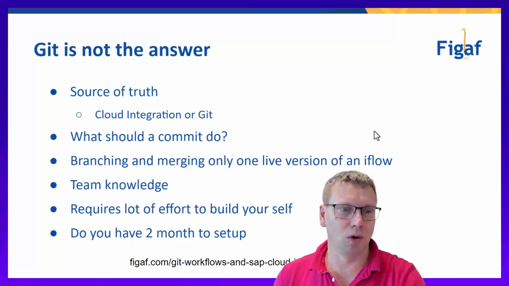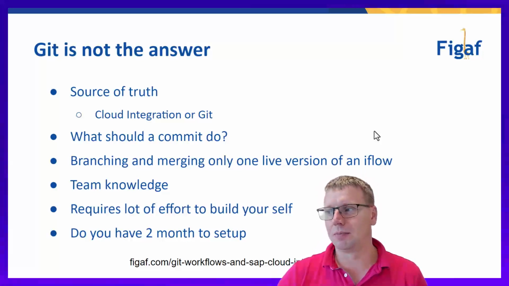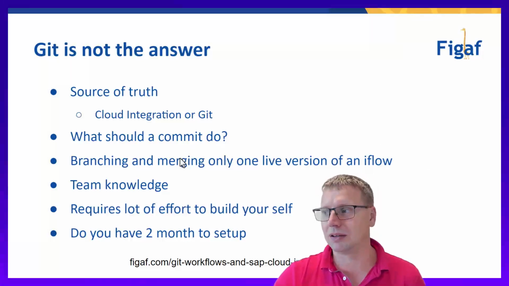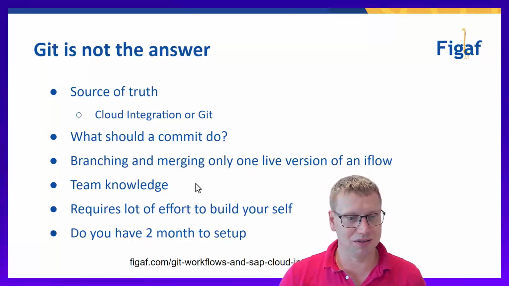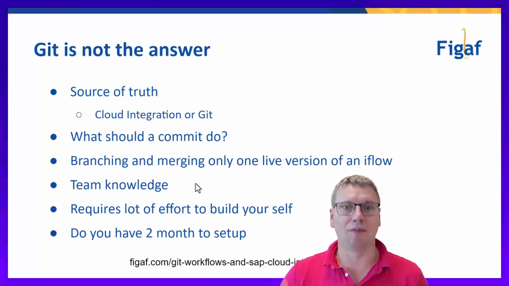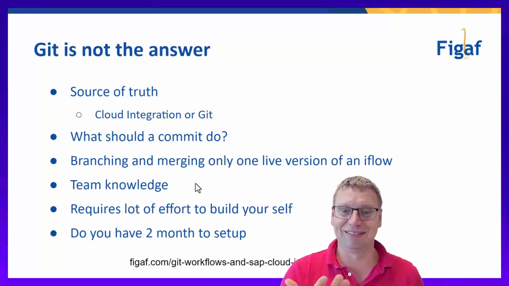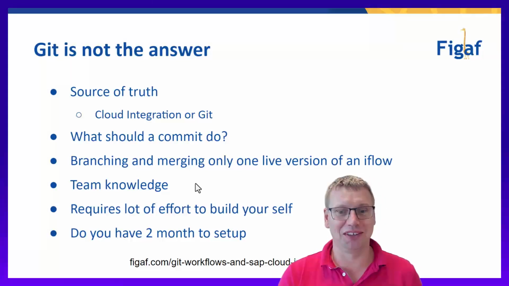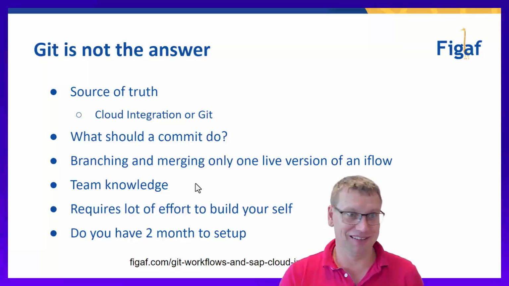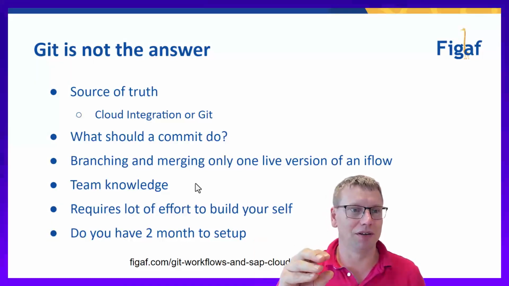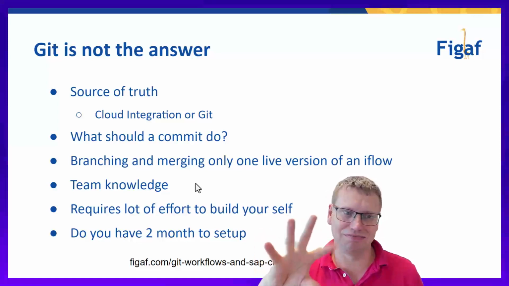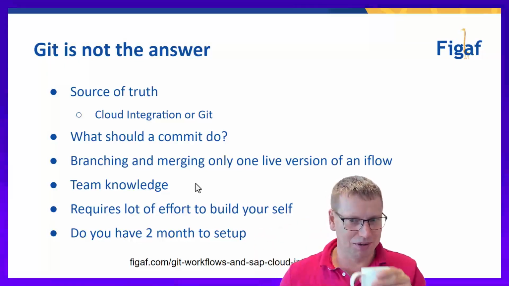You should also consider what to commit and how to do branching, because with normal Git Java development you can run everything locally. But that's not really the case in a CPI world, where you just have one tenant where you can run the code, and it becomes a little muddy in that case.